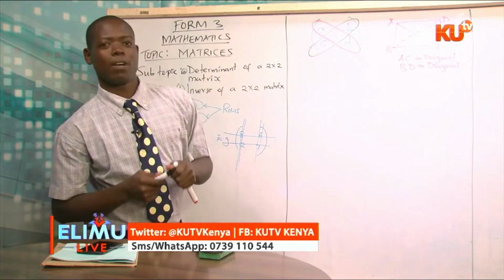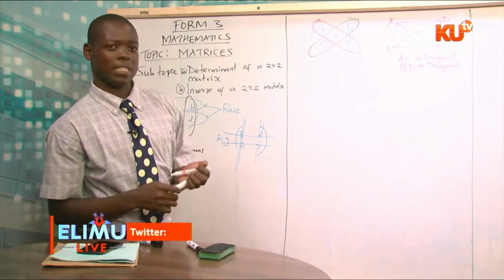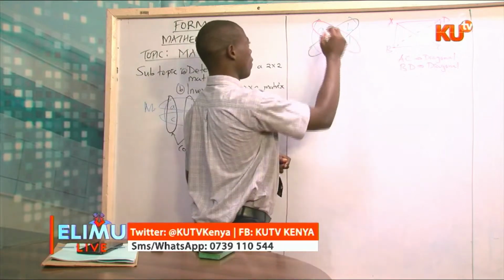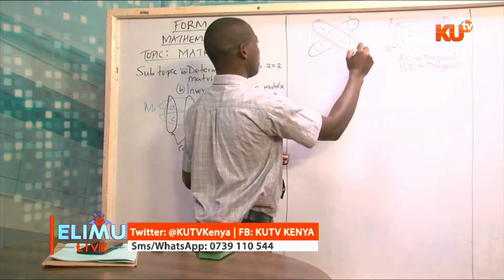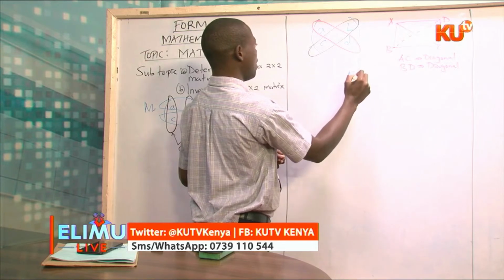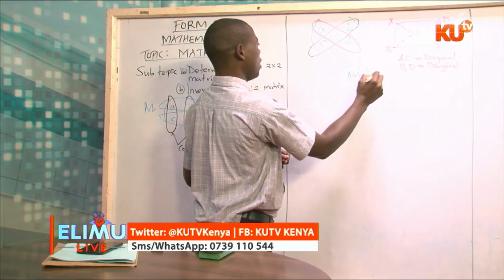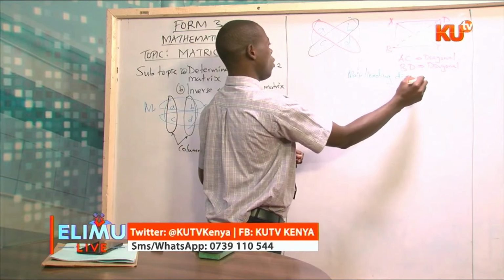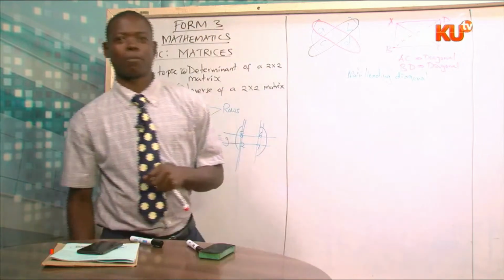So how do we refer to these diagonals in matrices? In matrices, this diagonal, the one running from the left to the right, is what we call the main or the leading diagonal. The main or the leading diagonal.